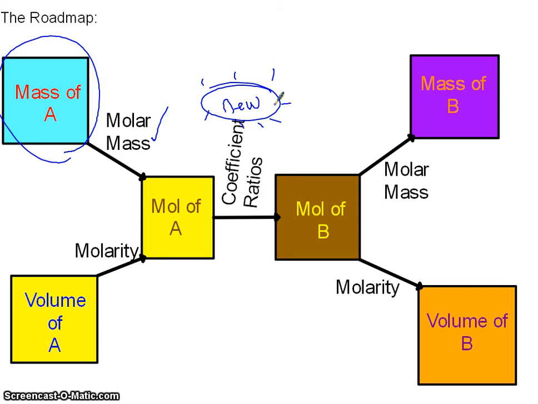So this way of relating the moles of one substance to another substance all comes from our chemical reaction. And then once we have moles of B, we could find something out about that we can measure in lab. And again, if we're going to get the mass of B, that's something we've done before, going from moles of one thing to mass of another thing. Okay, so we're going to keep coming back to this roadmap because it helps to have a visual of what it is you're trying to do.